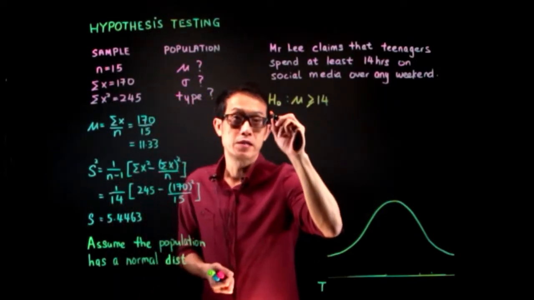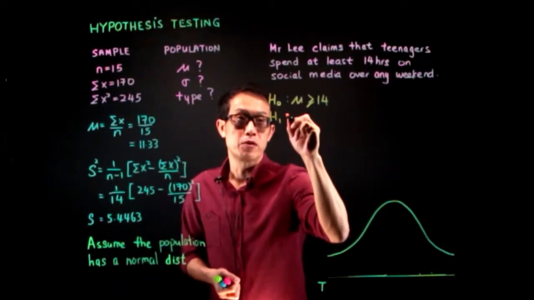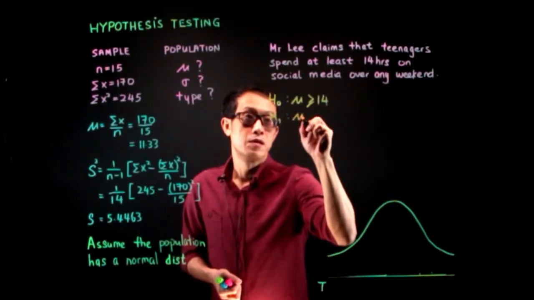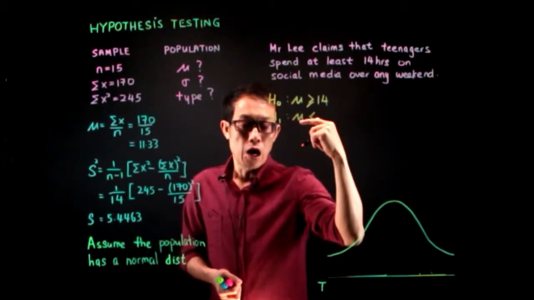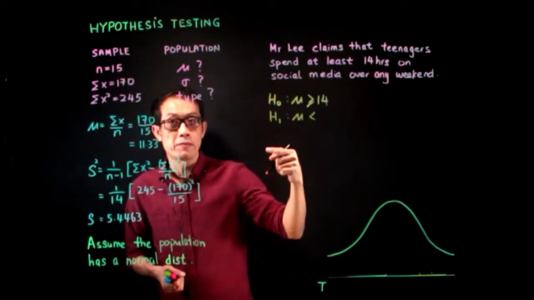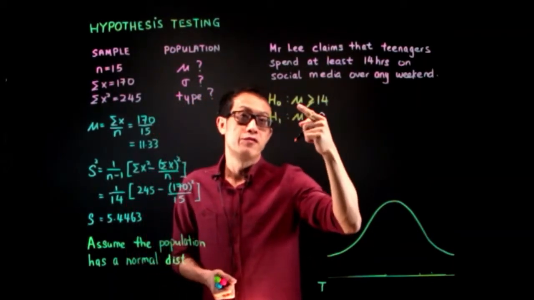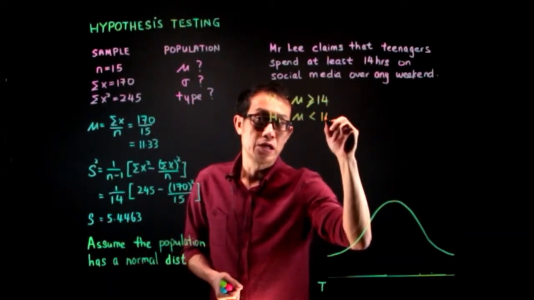And H1 is the alternative hypothesis, which will be the opposite of H0, so mu is less than 14.